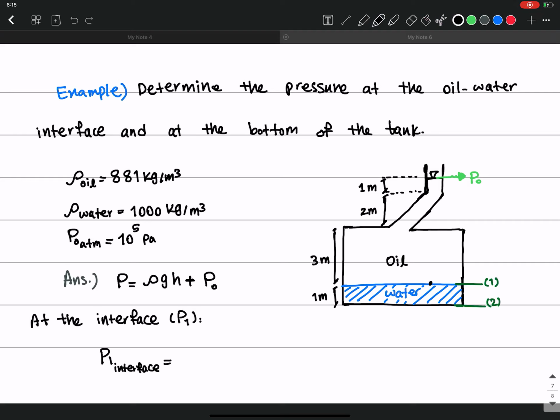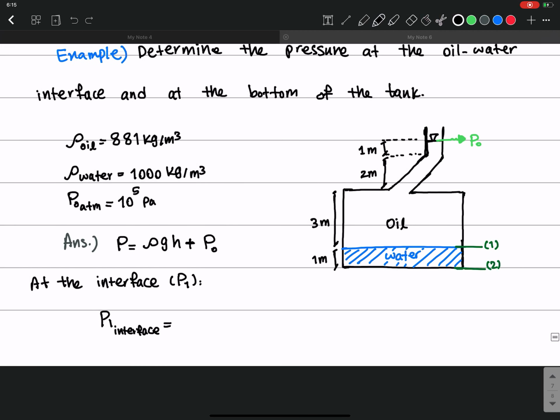I'm just gonna write rho, the density of oil, times G, times the depth of the oil on top of point 1, or the interface, which is gonna be 1 plus 2 plus 3, right?